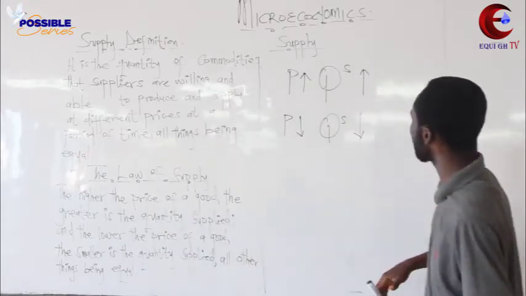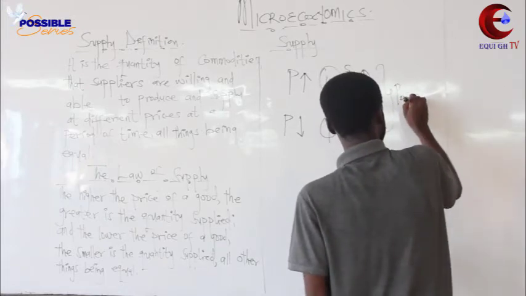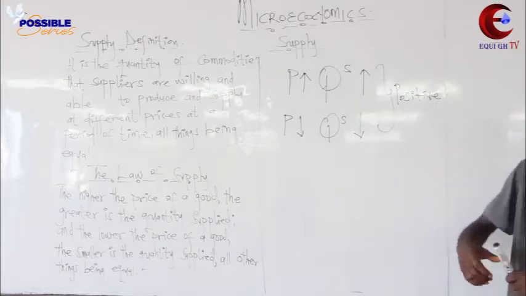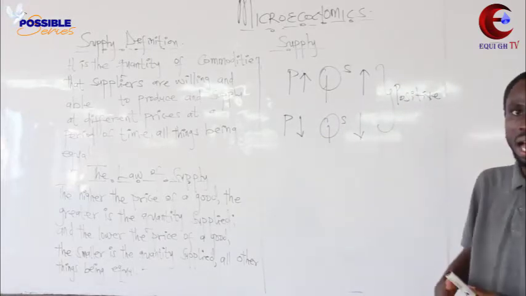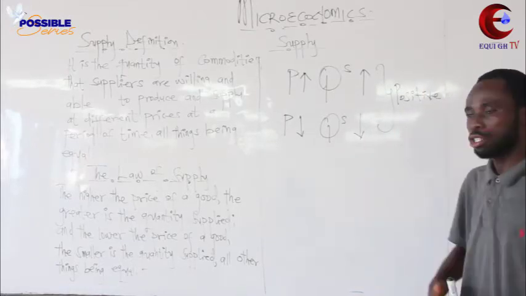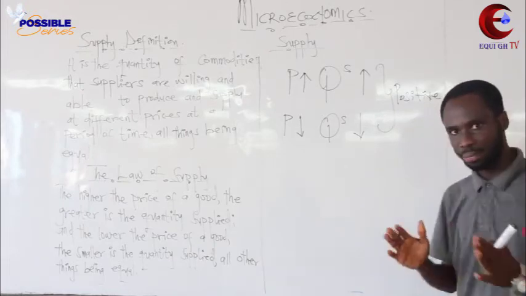So we could see that there is a positive relationship, unlike the negative relationship between the quantity demanded and the price. So under supply, there is a positive relationship.